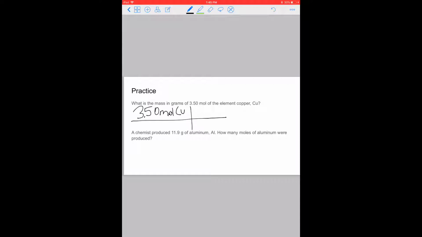So I've got 3.50 moles, which means I'm going to put moles on bottom to cancel with moles on top. And we are going from moles to grams, so I'm going to put grams on top here. Now, in every 1 mole of copper, I'm going to look at my periodic table, and I'm going to see that for every 1 mole of copper, I have 63.55 grams.